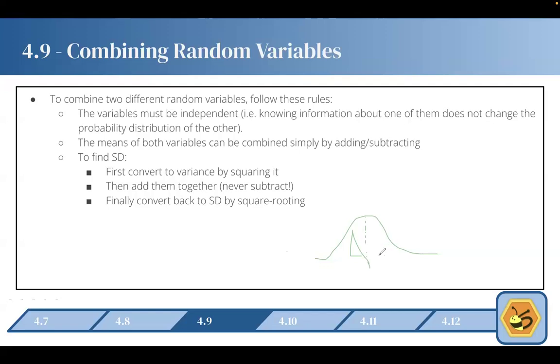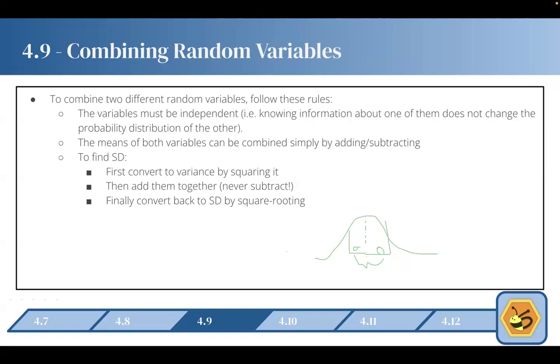Standard deviation is like this. There's a positive side to it, but there's also a negative side, and it's added together into this one big unit. We can never have a negative standard deviation, which means that if we were subtracting things from it, we could potentially get it to be negative, and that's not what we want. We always want this to be positive. So we can't ever subtract things from the variance or the standard deviation.